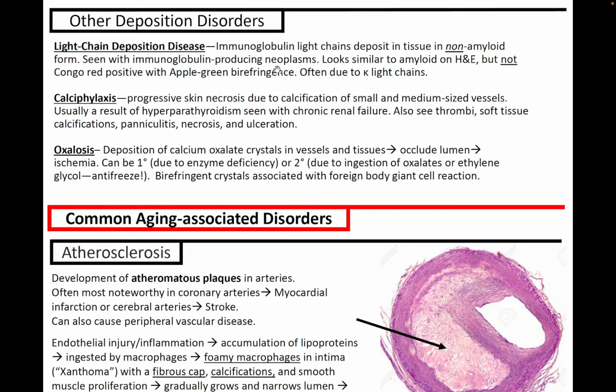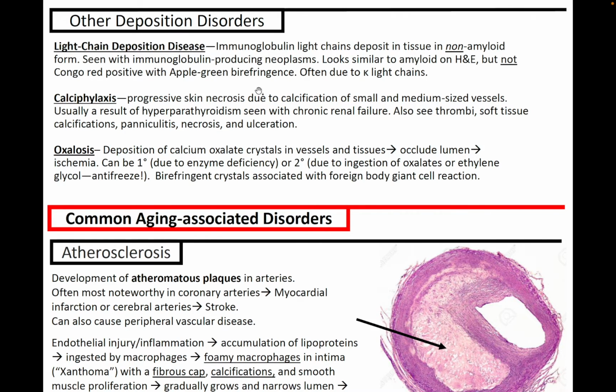So this is often due to kappa light chains. In calciphylaxis, you'll have progressive skin necrosis due to calcification of small and medium-sized vessels, and it's usually a result of hyperparathyroidism seen with chronic renal failure, and also you'll see thrombi with soft tissue calcifications, panniculitis, necrosis, and ulceration.